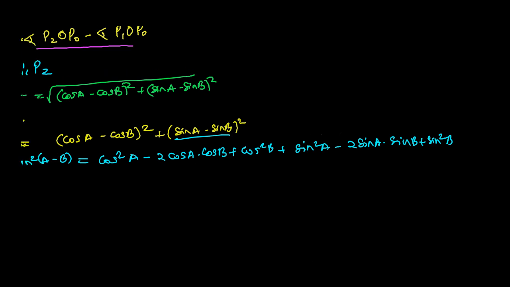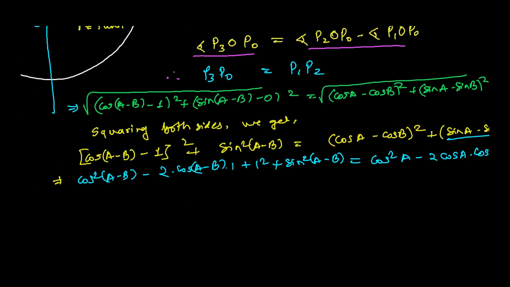Now see here, many things are going to get simpler. Cos square (a minus b) and sine square (a minus b) turn to 1, and this is already 1.